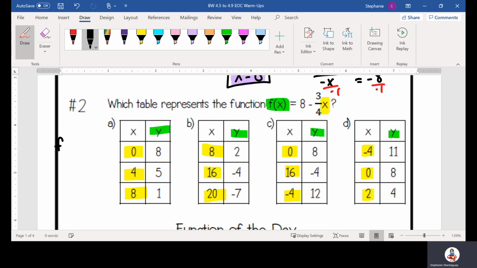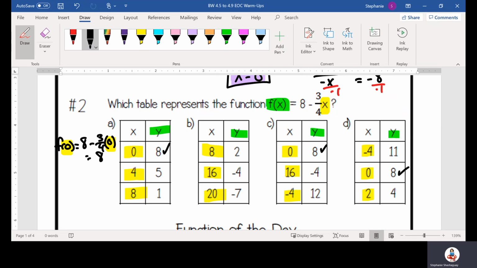So I'm going to find f of 0 first. F of 0 is going to be equal to 8 minus 3/4 times 0, which is just going to equal 8. So anywhere I have a 0 for my input, I should have 8 for my output. They all do, so that didn't help.